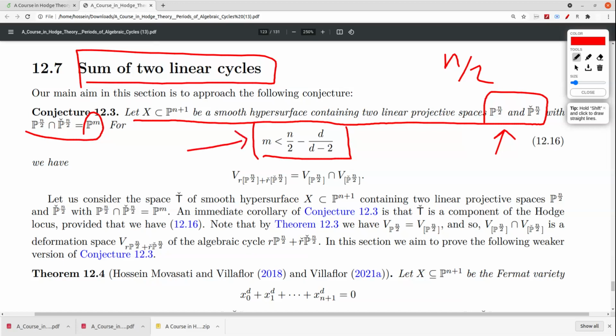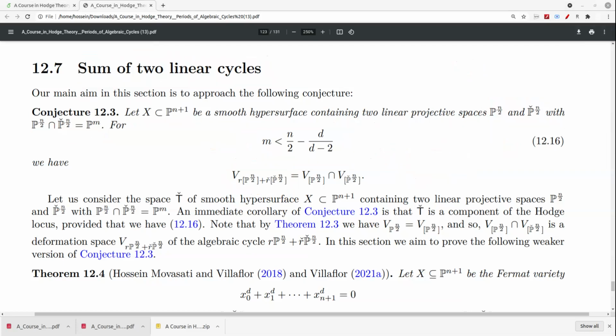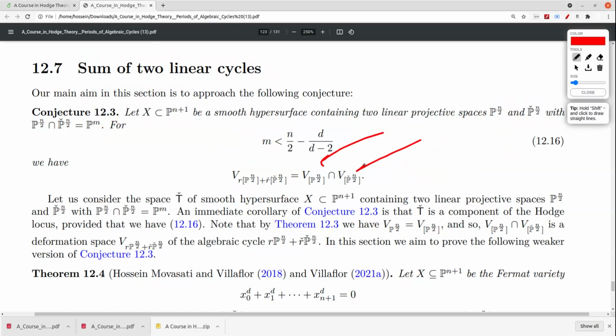So you can consider the Hodge locus corresponding to the sum of the homology classes of these two cycles. Here a and b are any integers not equal to 0, and here we have considered the intersection of two Hodge loci. So the intersection of P_n and P_n-half is a complete intersection of type 1, 1, 1, 1, 1, 1.